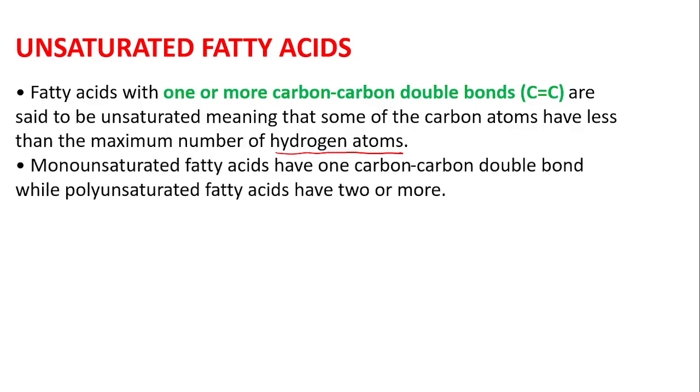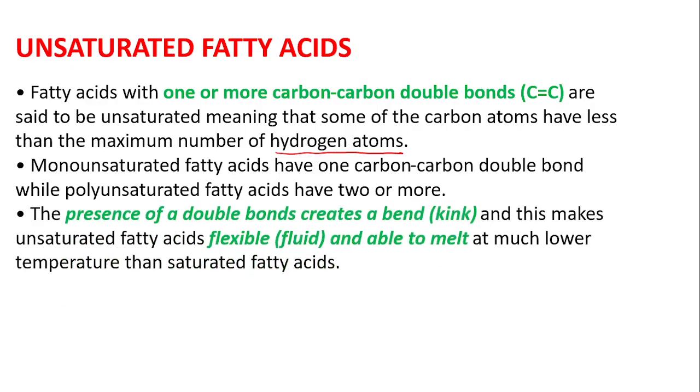Monounsaturated fat acids have one carbon to carbon double bond, while polyunsaturated fat acids have more than one double bond. Now, the presence of a double bond creates a bend.